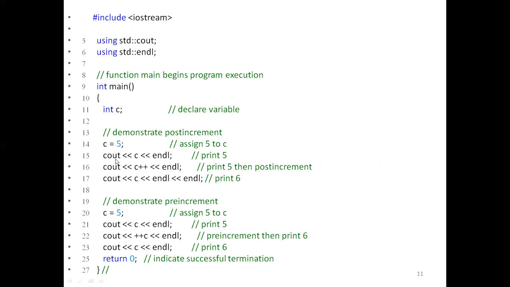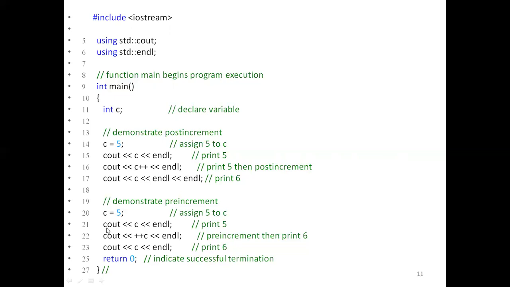Then you print out 5. Then if you do c++, the post-increment, you still print out 5. Then after that, print out c again, and at that time you will print out 6. That's the reason this is post-increment.